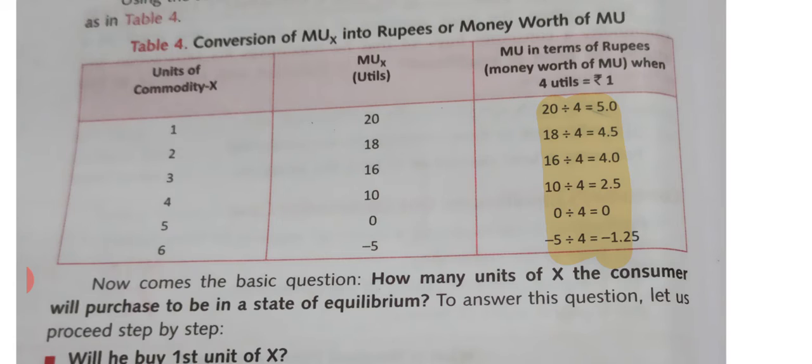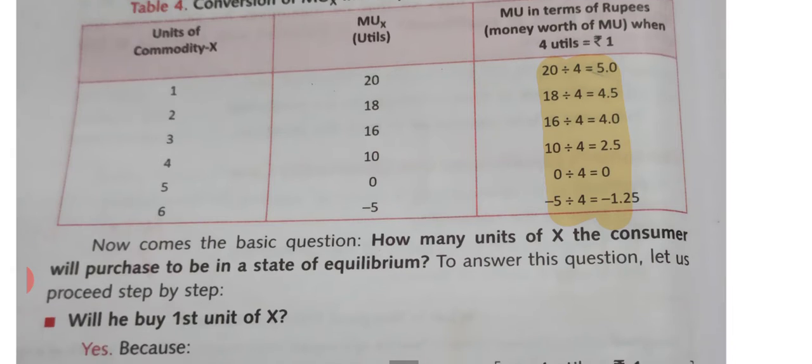Here marginal utility of the commodity is 16. Now 16 will be divided by 4 equal to the 4. Here you are spending 4 rupees and satisfaction level is also equal to the 4 rupees. So that is a condition where whatsoever you are spending, your satisfaction level will be equal to your spending.